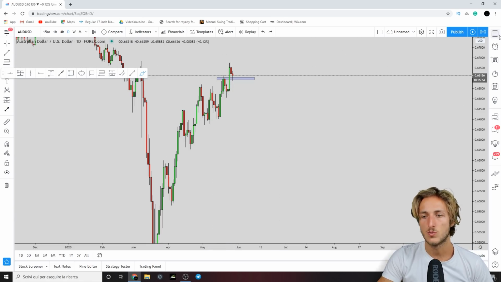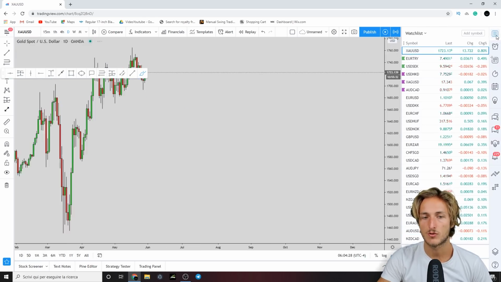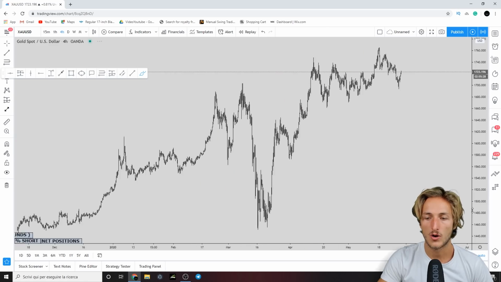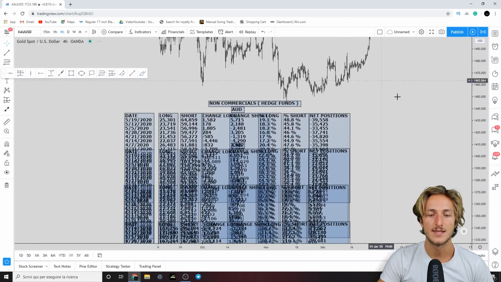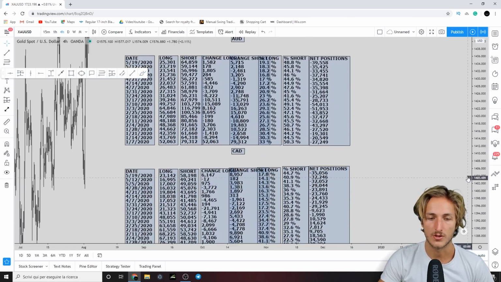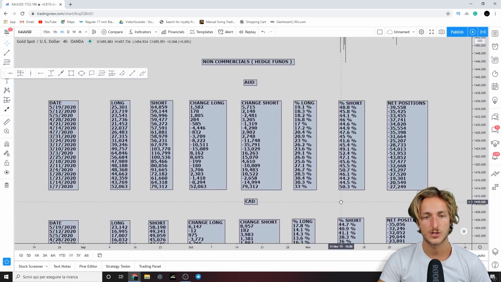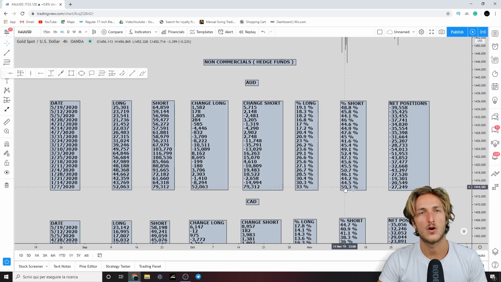Now let's go and see what kind of situation we have at the moment from a COT perspective. So what hedge funds are doing on AUD USD. Now, what does it mean, what hedge funds are doing? The COT data, which is the commitment of traders, will give you the positioning of the non-commercials in the market. The non-commercials are the biggest speculators in the market, and they're winning most of the times.